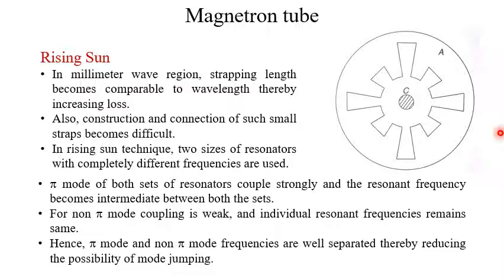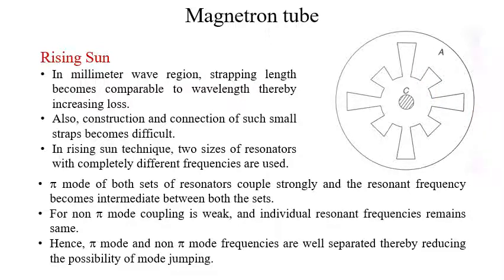The pi mode of both sets of resonators couples strongly, and the resonant frequency becomes intermediate between both the sets. Larger cavity means smaller frequency, smaller cavity means larger frequency. So if this set has frequency f1 and this set has frequency f2, then for pi mode the coupled resonant frequency will be somewhere midway between f1 and f2.